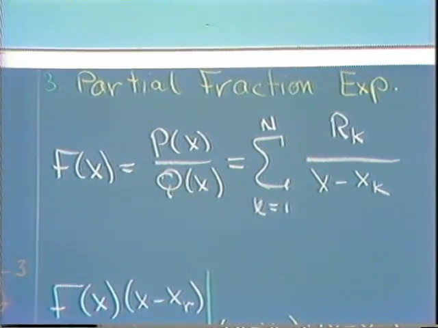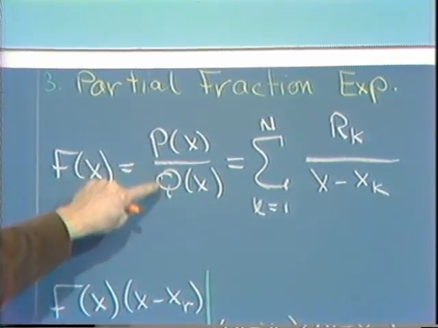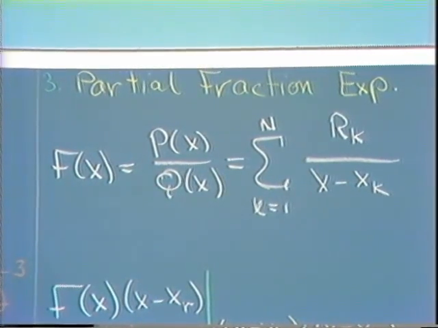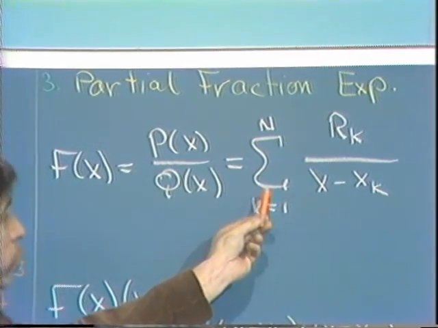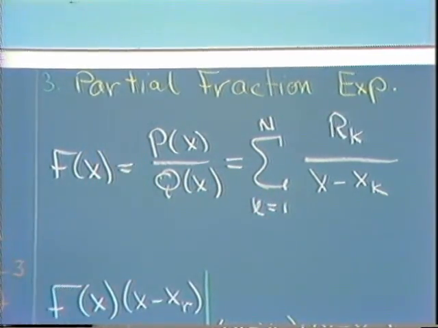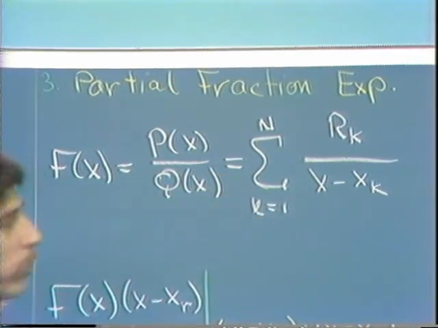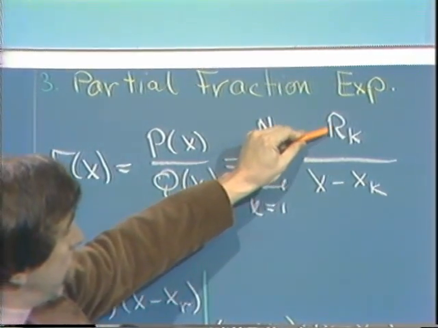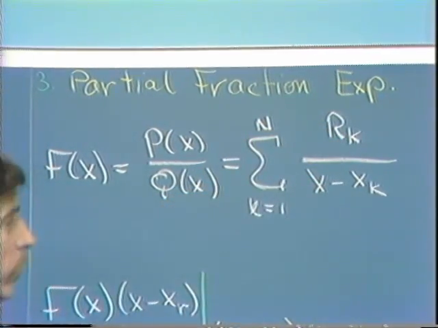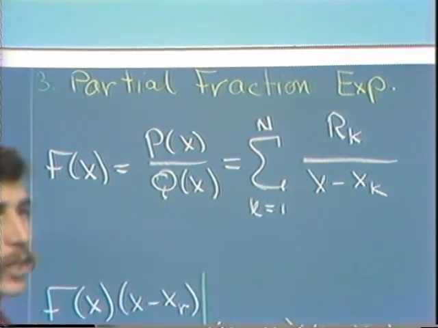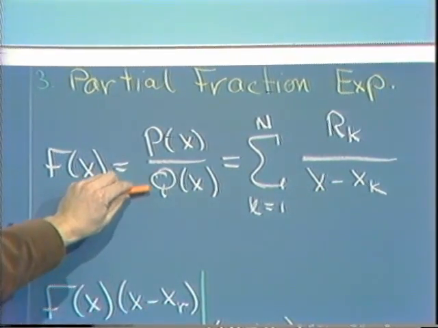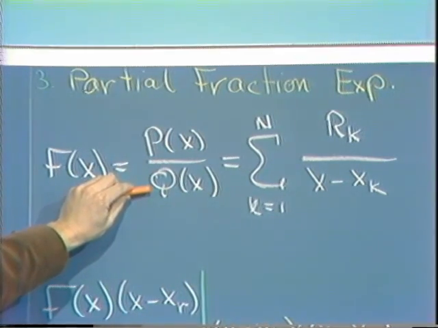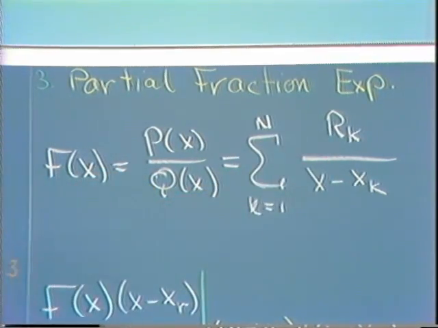Now, I can, in general, expand a rational function in terms of an expansion of a form which, at least under certain simple conditions, is a sum of terms of the form of a constant, r sub k, divided by x minus x sub k, where the x sub k's are the roots of the denominator polynomial q of x. And these coefficients are referred to as the residues.